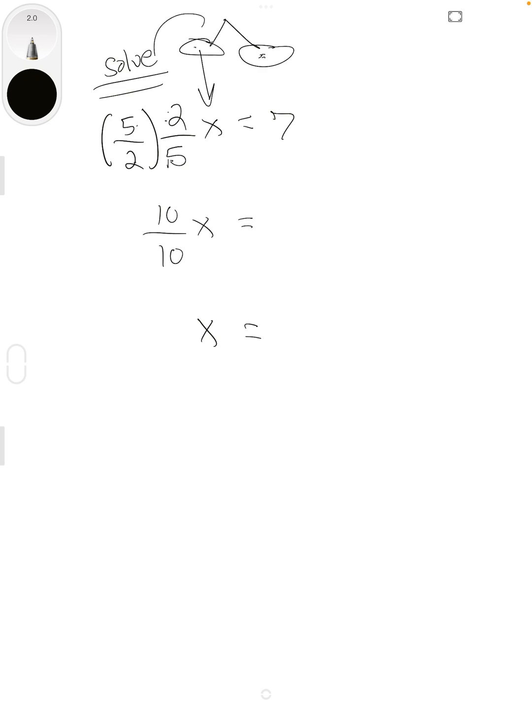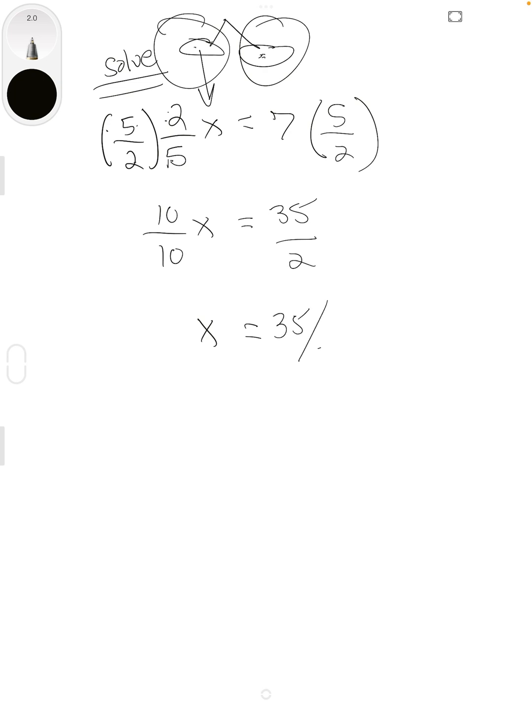But again, whatever I do to the left side, I have to do to the right side. What I do on the left side, I multiplied it times 5/2. Well, it's 7 times 5, it's 35 over 2. In other words, 35 over 2 is the answer. That's what x is.